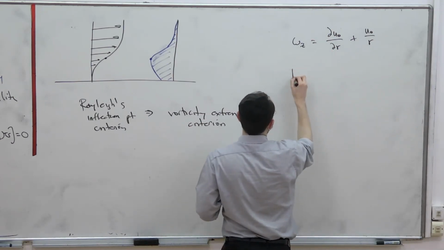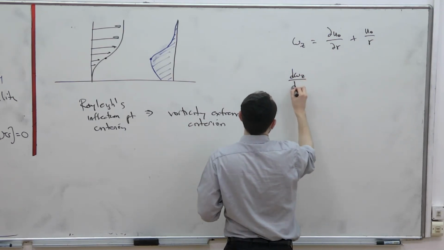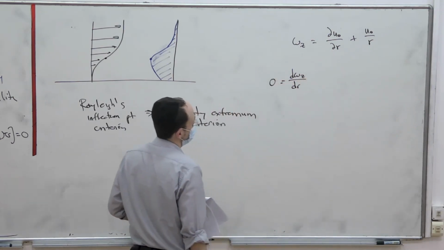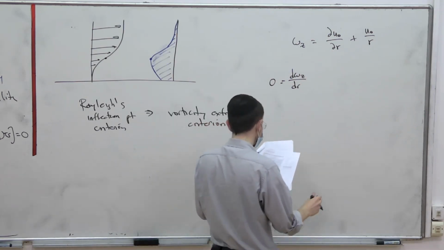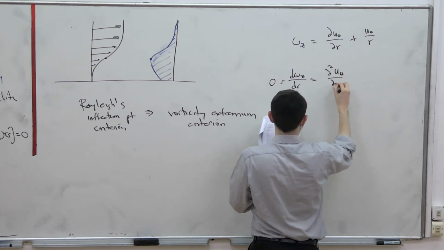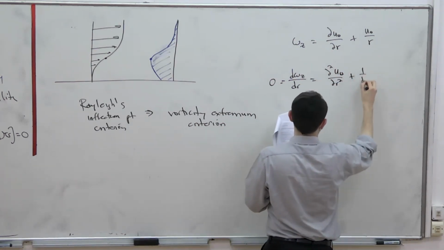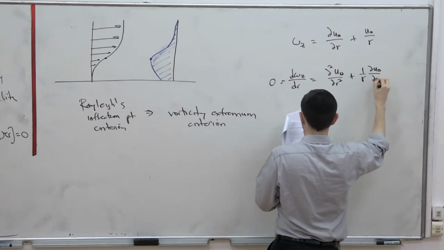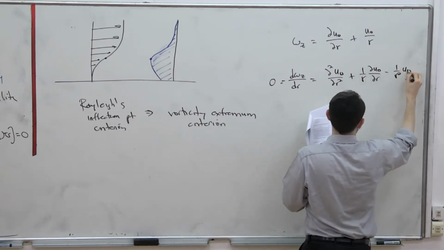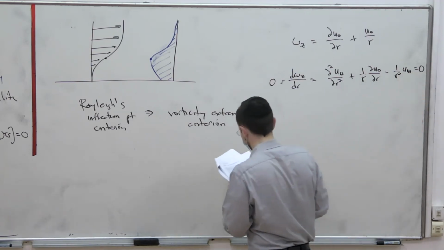Where's the extremum in this with respect to r? So I'll take a derivative of this. That's where the maximum or the minimum of vorticity should be. That's equal to the second derivative of u theta with respect to r, plus 1 over r times the derivative of u theta with respect to r, minus 1 over r squared times u theta. This thing has to be 0.